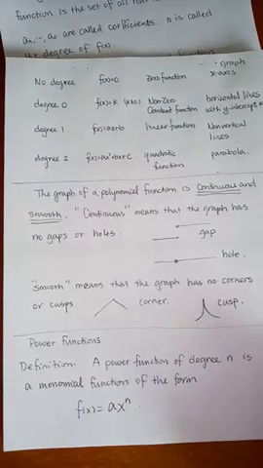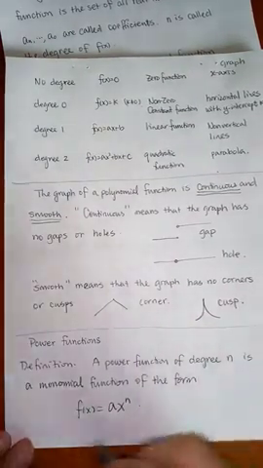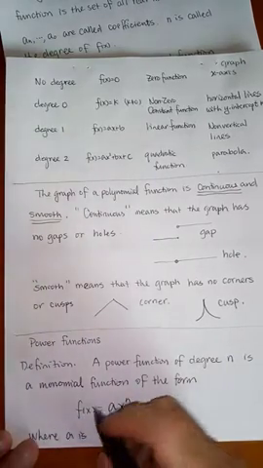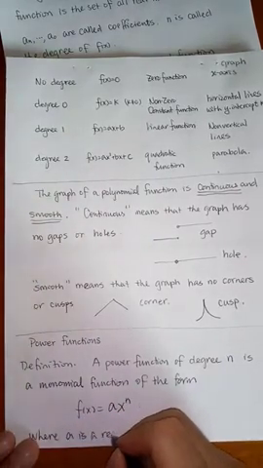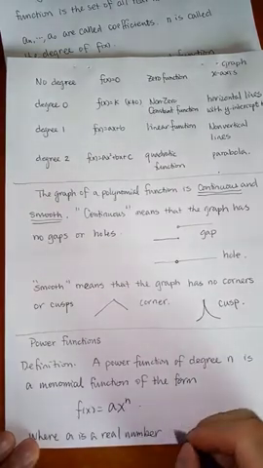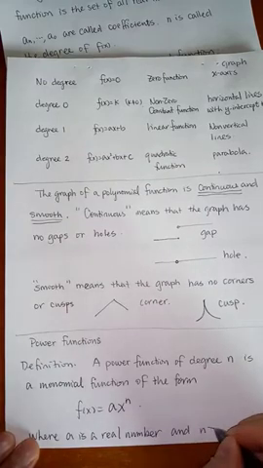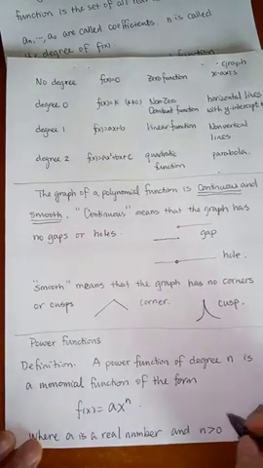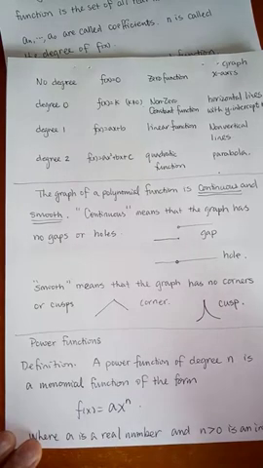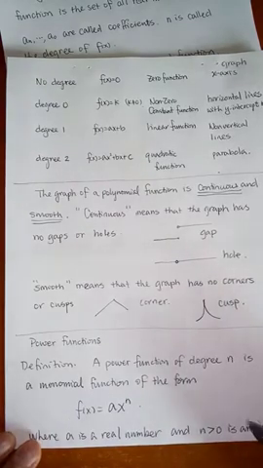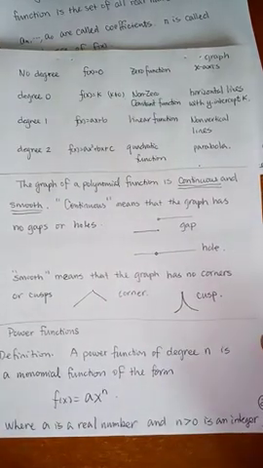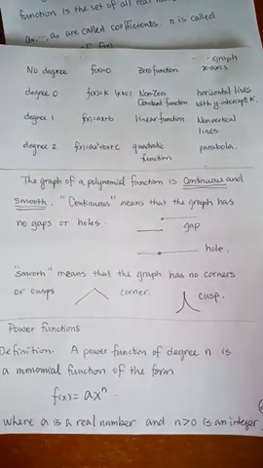Here a is a real number and n is a positive integer. So we do want a function, we don't want a constant function.